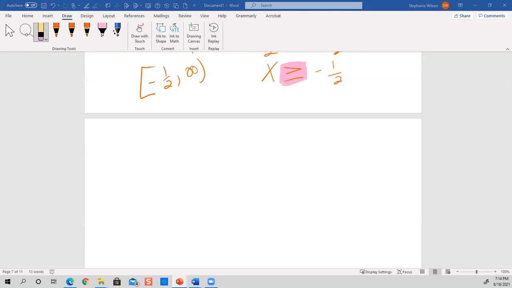So, one-to-one. The best way for me to explain a one-to-one using this math is if I can take the inverse of it and it gives me back a function, then it's one-to-one. Okay.